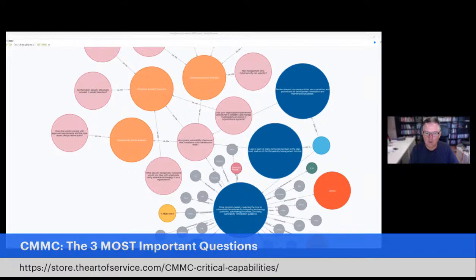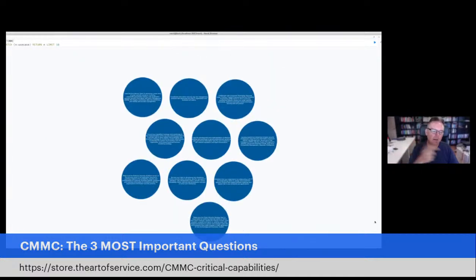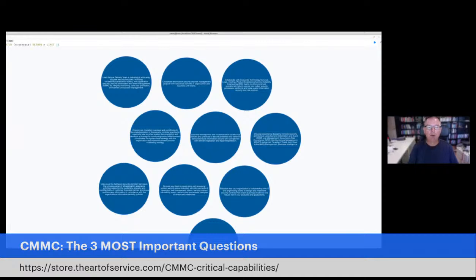Now, what are the processes that need to be in place for CMMC? So we started out with the 3 most important questions to ask, and that gave us some important processes that we have to make sure are in place.